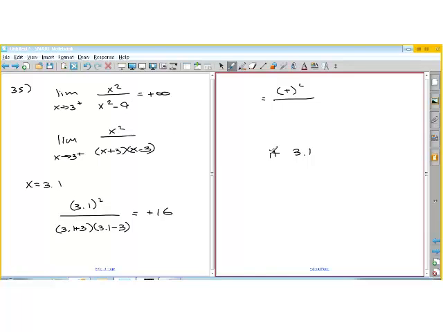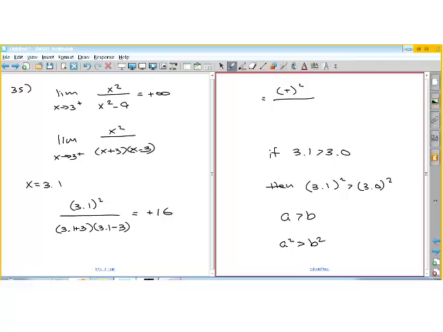If 3.1 is greater than 3, for example, then 3.1 squared is greater than 3 squared. Or you could say, if a is greater than b, then a squared is greater than b squared. Is that true? Well, that's true if a and b are greater than 1.